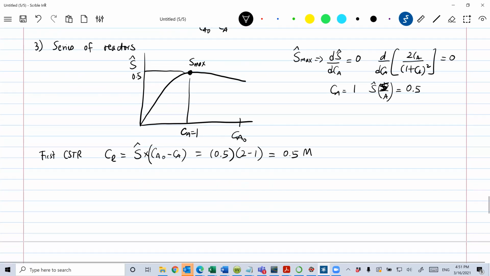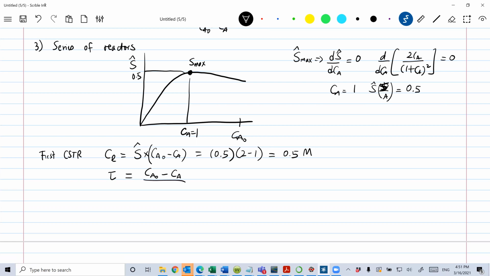And for good measure, you can size the reactor. If you remember, the space-time tau is CA naught minus CA over minus RA evaluated at CA. This is the design equation for a CSTR, which is liquid phase at constant density. And that is 2 minus 1 divided by 1 plus 2 times 1 plus 1 squared, right?